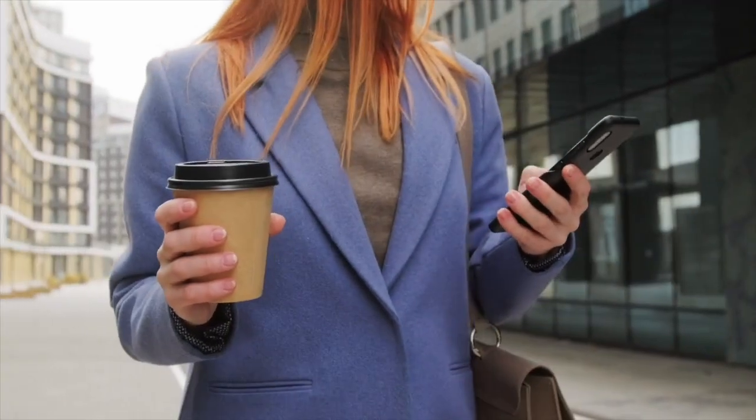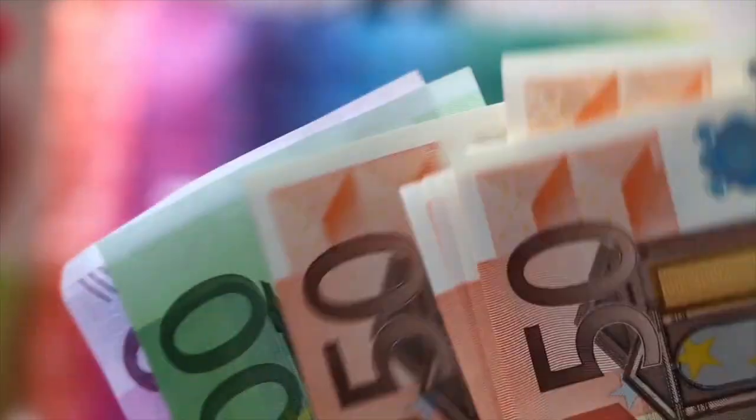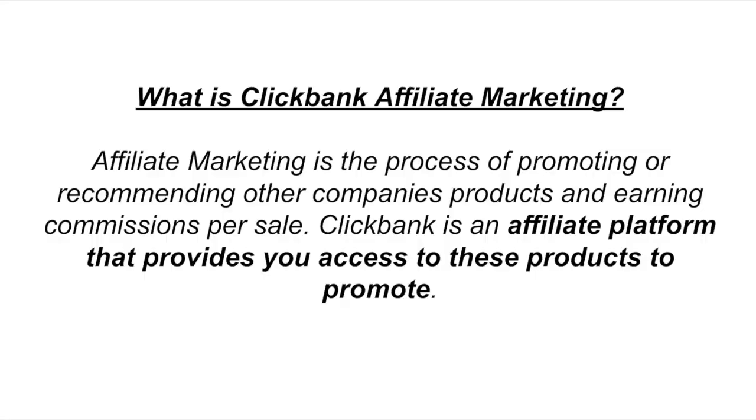And if they go on to purchase that product via your unique referral link or your affiliate link, the company is going to pay you a percentage commission. So it's literally just doing exactly what you're probably already doing right now. And in exchange for that, you are in fact getting paid. And this is the beauty of affiliate marketing. It is the most natural and the most organic way to make money online.